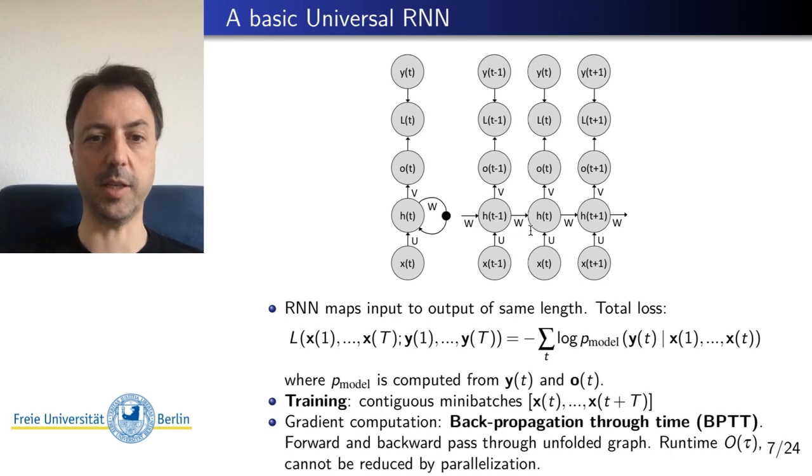So h of t can only be computed once we have h of t minus 1. h of t plus 1 can only be computed once we have h of t. So there's a certain sequentiality here in the graph. We cannot parallelize most of the computations. So every single mini batch computation can become quite expensive, computationally expensive.